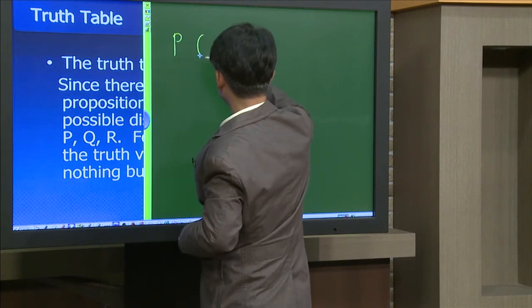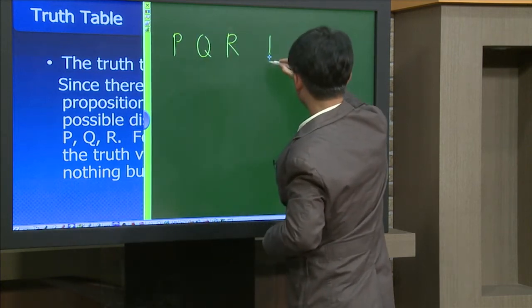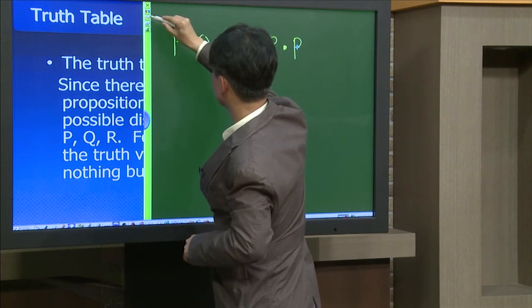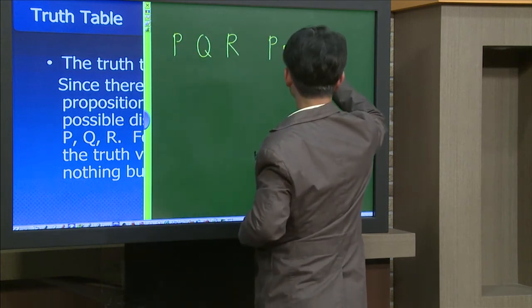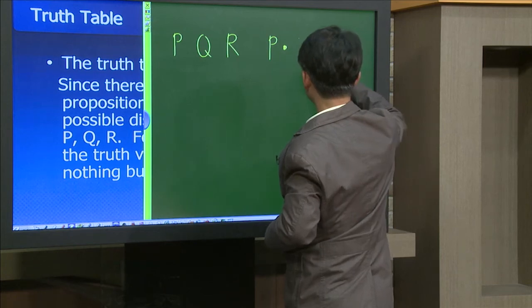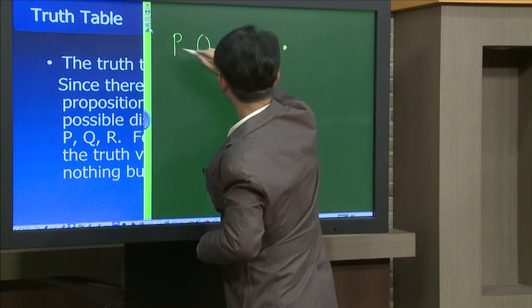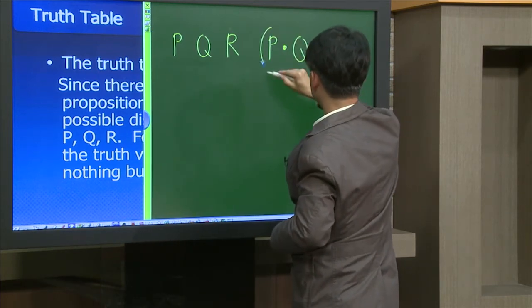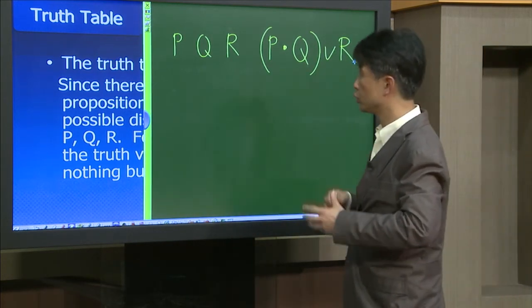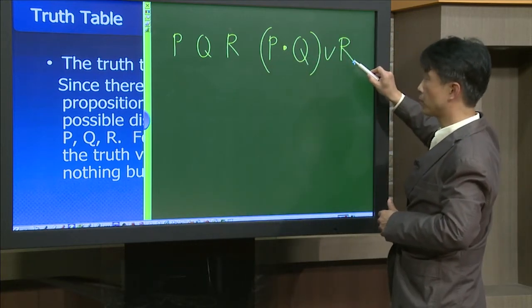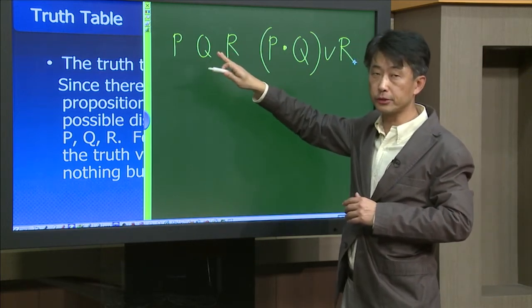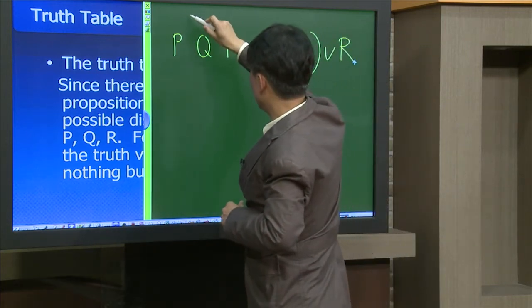P, Q, R, P dot Q, P dot Q or R. To complete the truth table for these complex propositions, you write down the simple propositions first, P, Q, R.